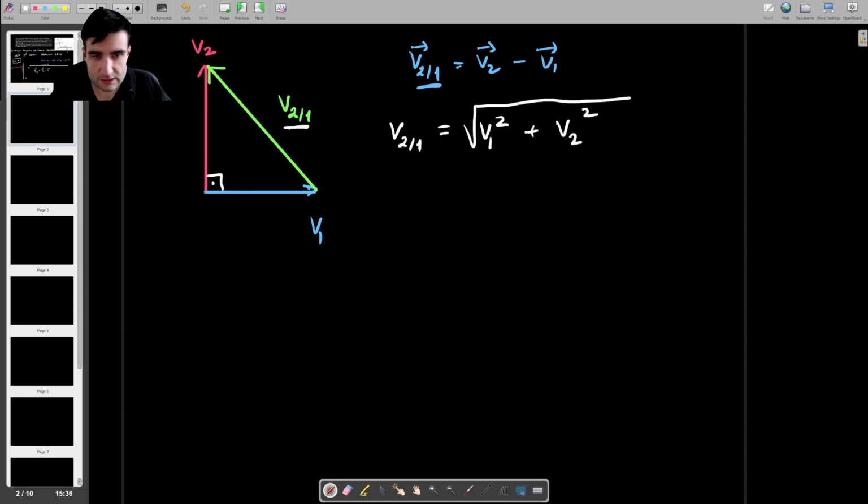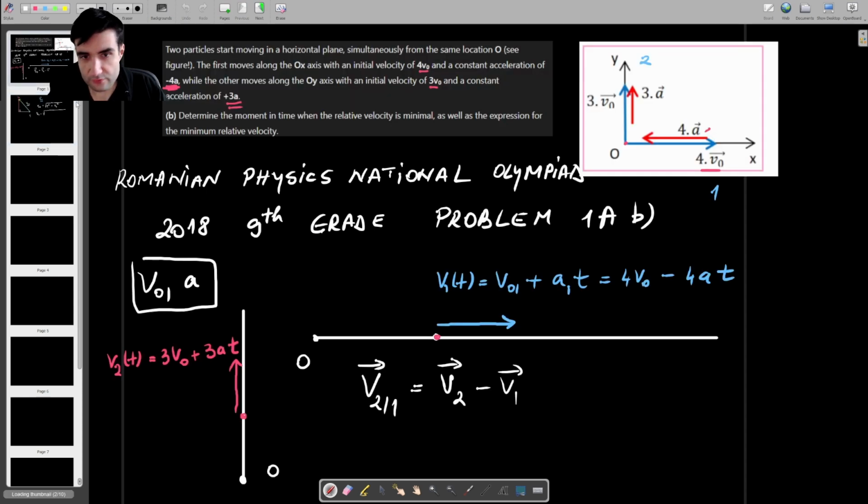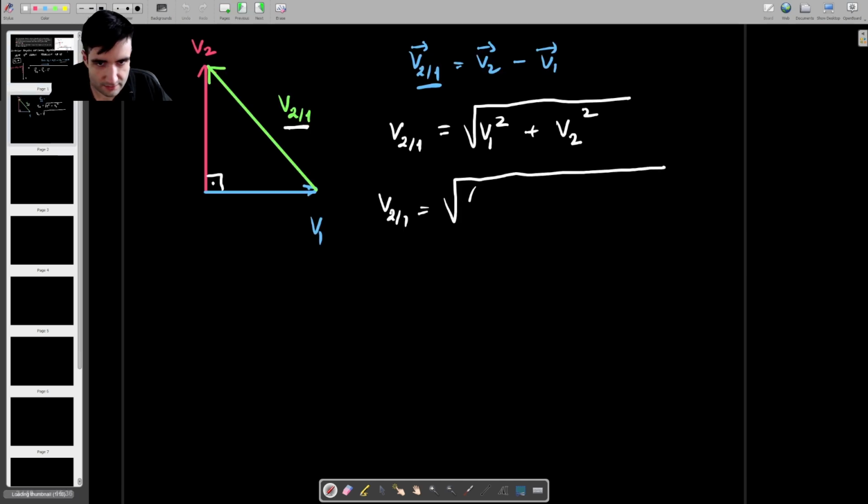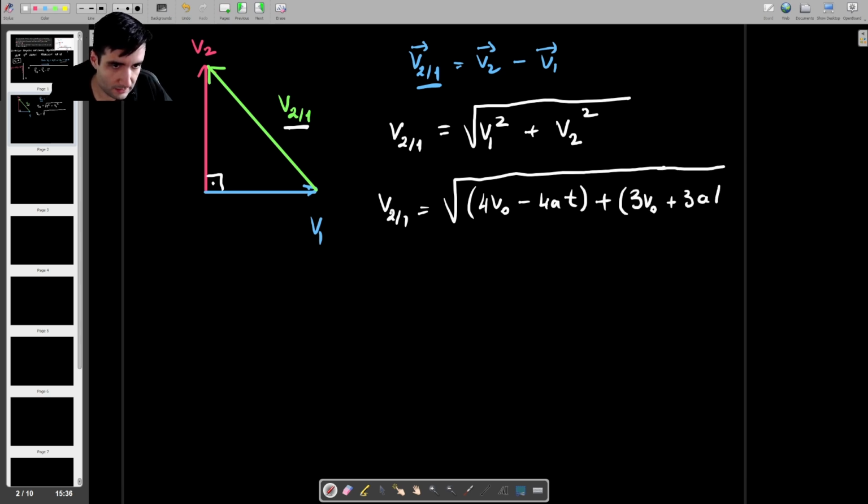Pretty straightforward. Let's expand this a bit. Now v1 is this, so we just have to plug in the values: 4v0 minus 4at, plus 3v0 plus 3at, and each of these should be squared.